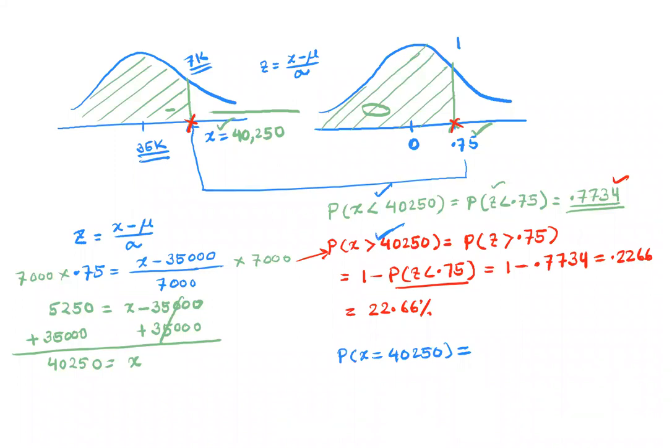Okay. Interesting. What is the probability of a single point in the continuous case? 0. Remember, we spent quite a bit of time in the last class talking about it. The probability of a single point in the continuous random variable case is always 0.